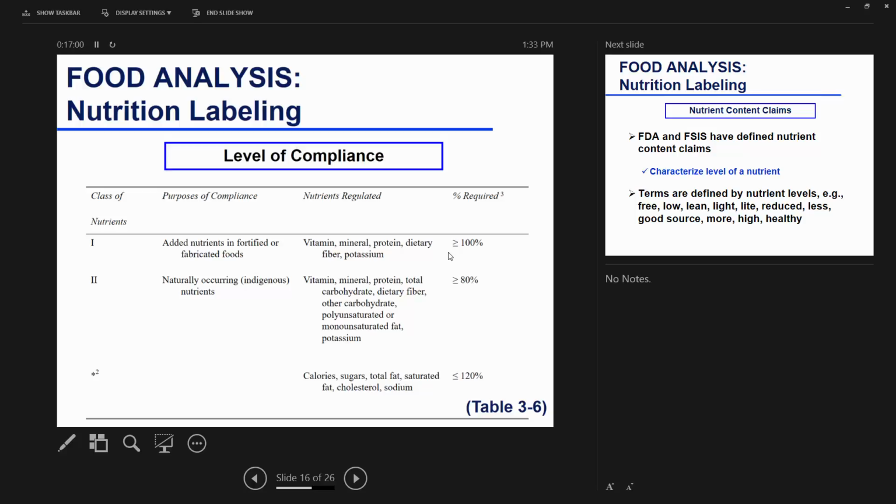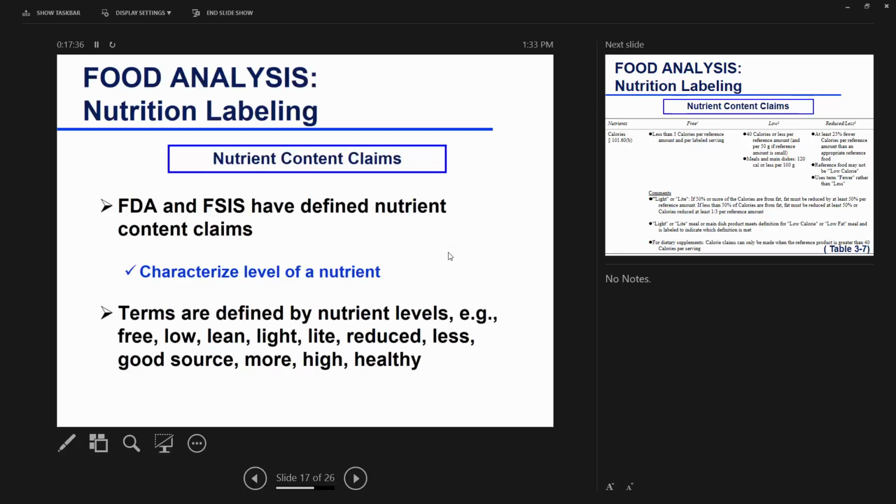However, if there are naturally occurring components or nutrients, you don't have to reach 100, but at least 80. So equivalent to 80 or above. But for the troublesome ones, the calories, sugars, fats, saturated fat, those that you are concerned about, they shouldn't be greater than 120% of what you're claiming. So they shouldn't exceed 120. The regular ones, you can have 80 or more, and the ones that you claim, at least 100% of what you claim.